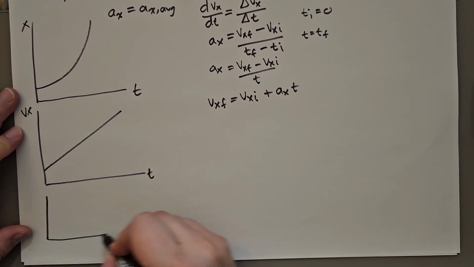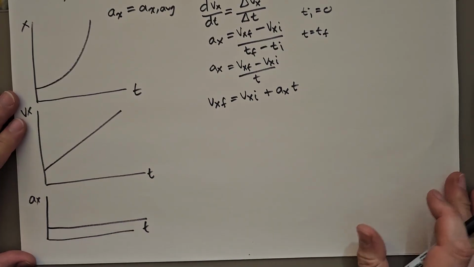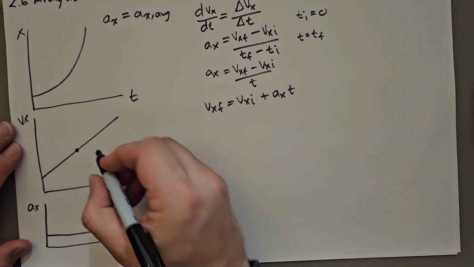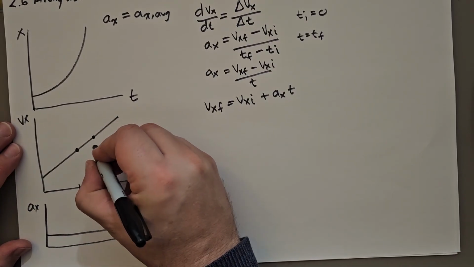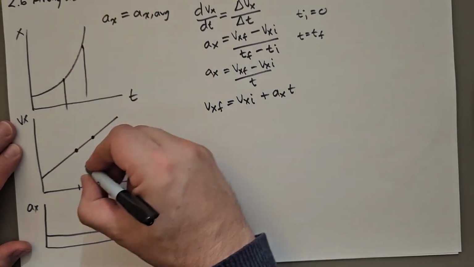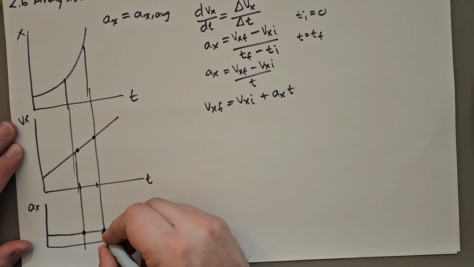And then finally, the acceleration is just a constant value, doesn't change. So we might say between here and here, we're just lining all these things up. My pen is dying, I need a new pen.